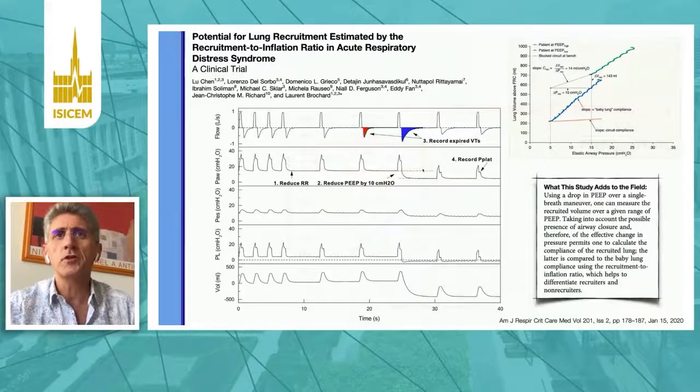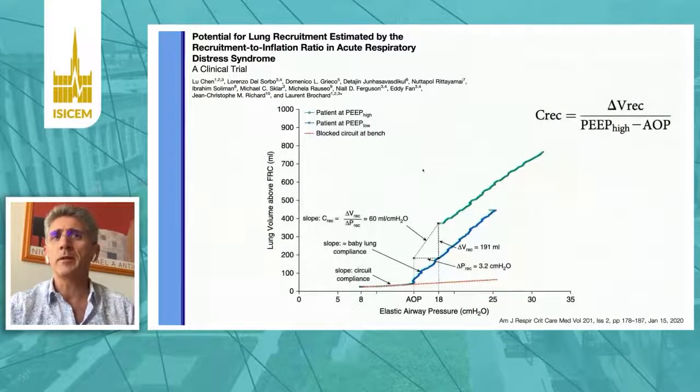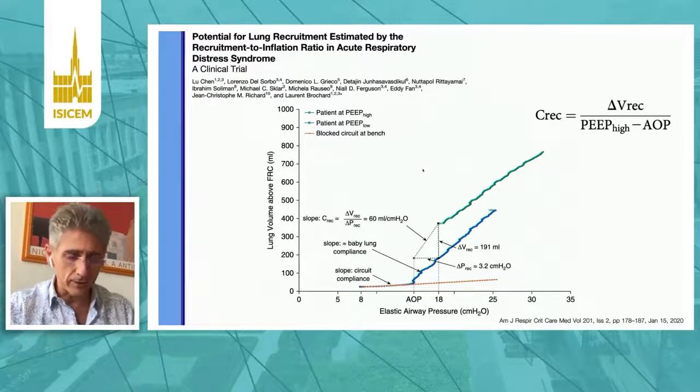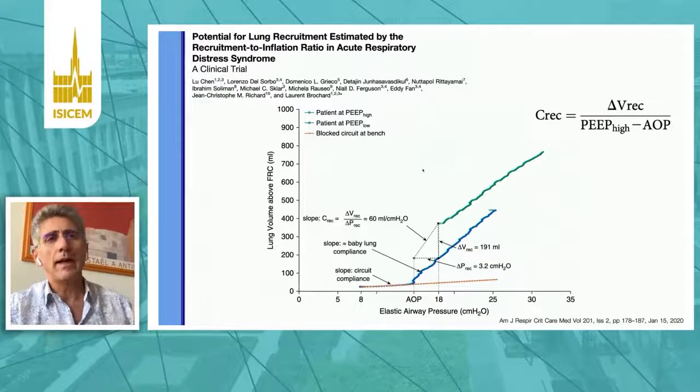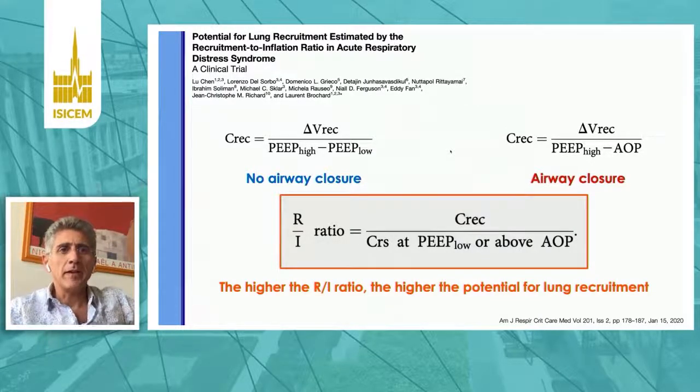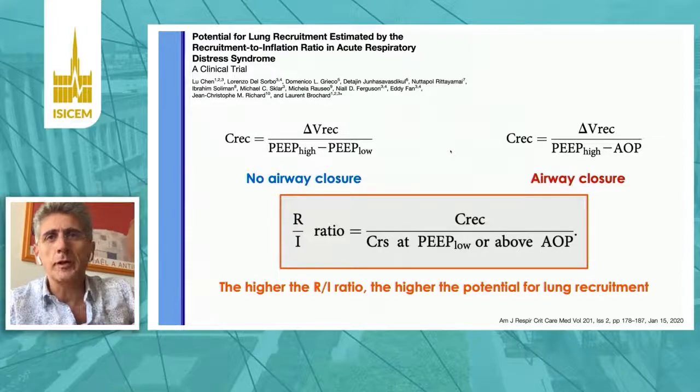This recruitment to inflation ratio is quite easy to measure, and it can be defined as the difference between the compliance of the recruited lung and the compliance that is present either at the PEEP level or at the airway opening level. The higher the recruitment to inflation ratio, the higher the potential for lung recruitment.